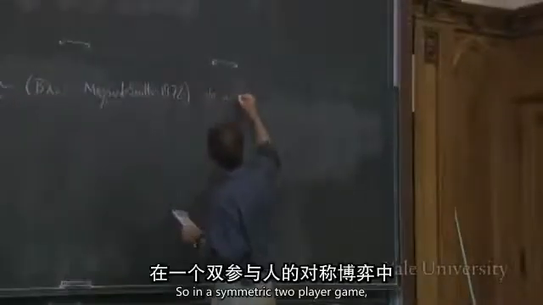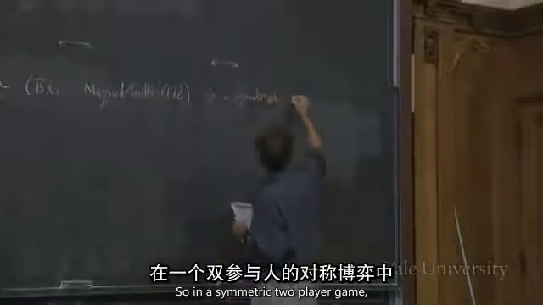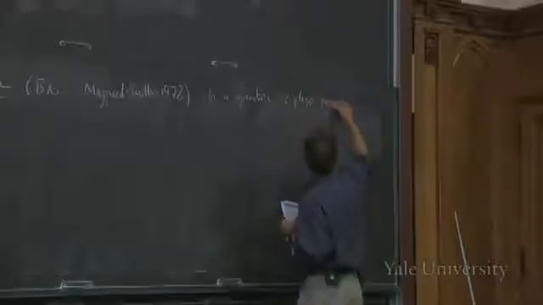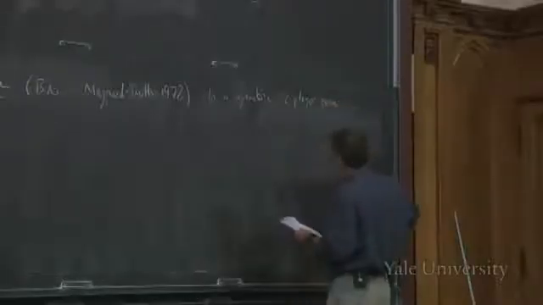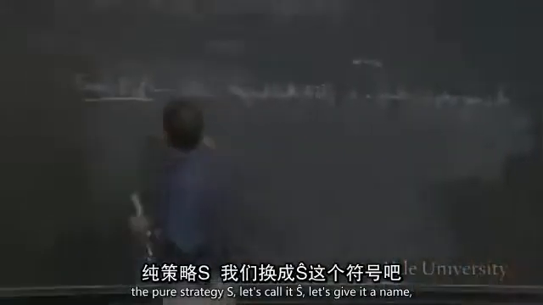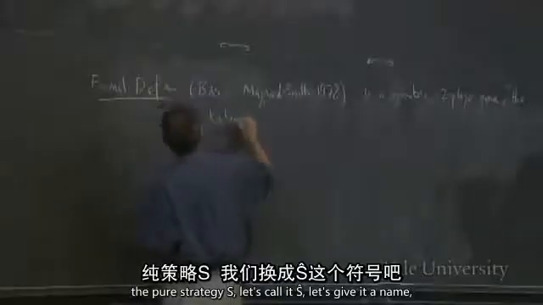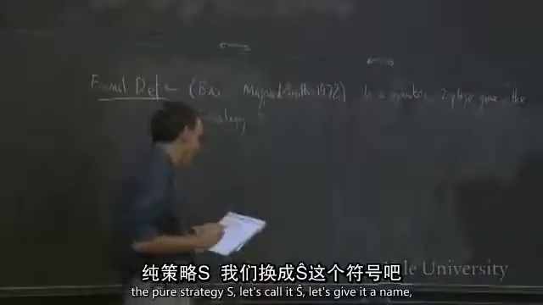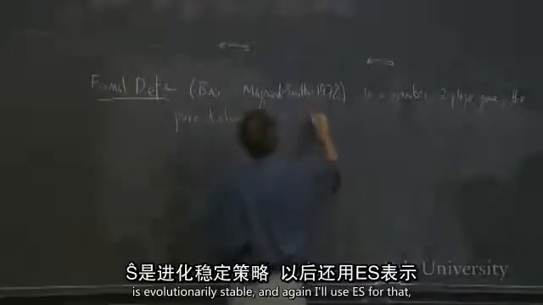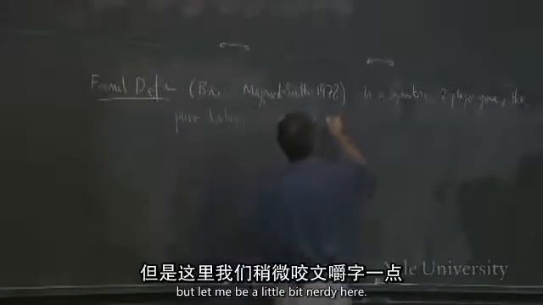So in a symmetric two-player game, so everything we've been looking at so far, the pure strategy S, let's call it S hat, to give it a name, is evolutionarily stable, and again I'll just use ES for that, but let me be a little bit nerdy here.